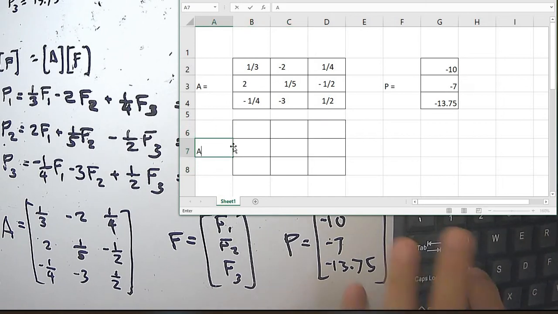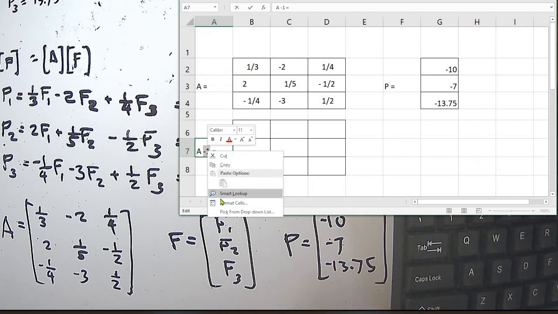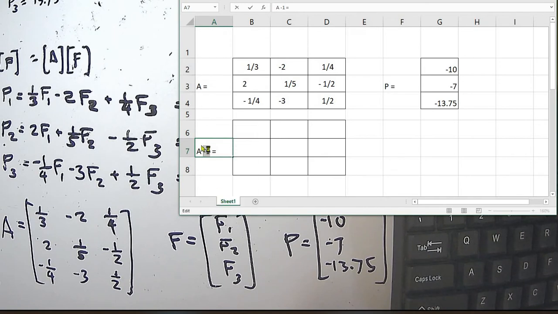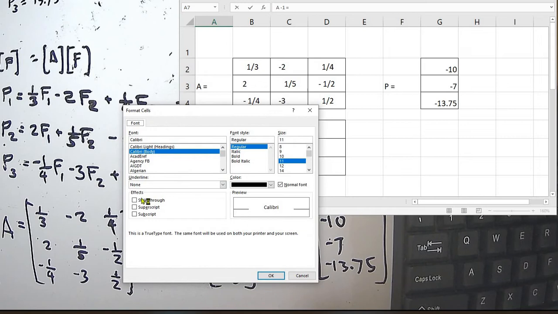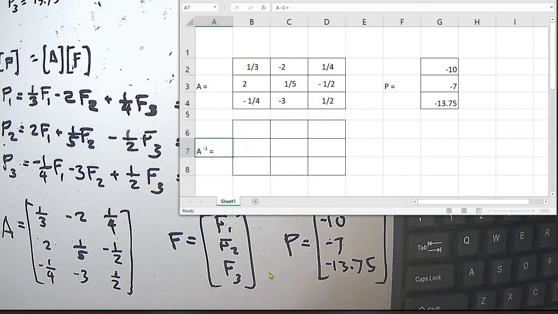Sulat ko lang ito, A -1. Highlight ko yan. Format cell. Superscript. Yan.